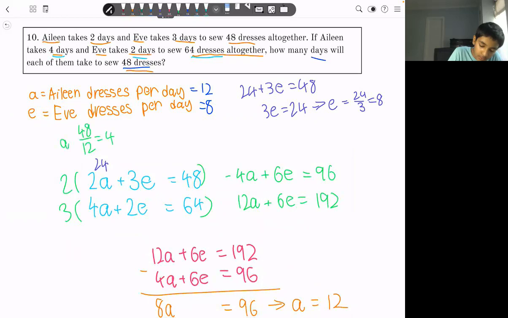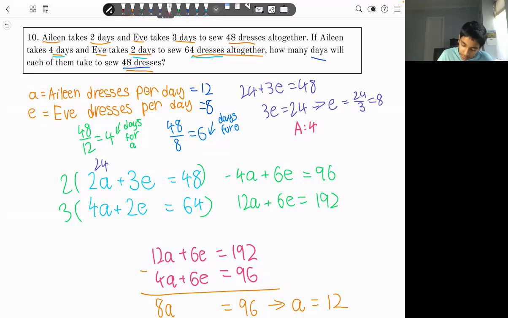For E, since she can do 8 dresses per day, to do 48 dresses it's 48 divided by 8, or 6. So our answer is 4 days for Eileen and 6 days for Eve.